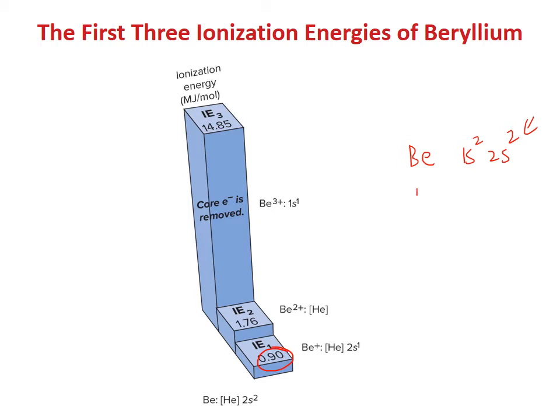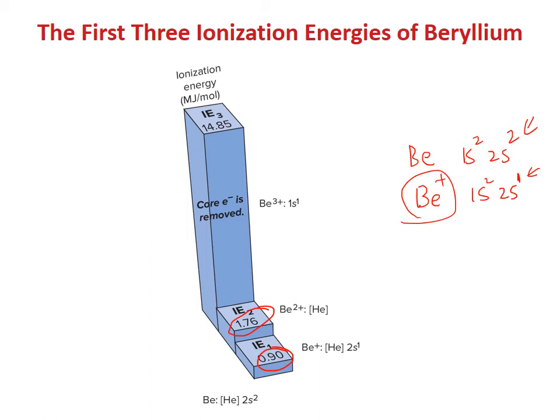The resulting cation has electron configuration 1s2, 2s1. Now this ion has a positive charge, so removing another electron takes more energy, and that's the second ionization energy, which is 1.76. That's about twice the first ionization energy.